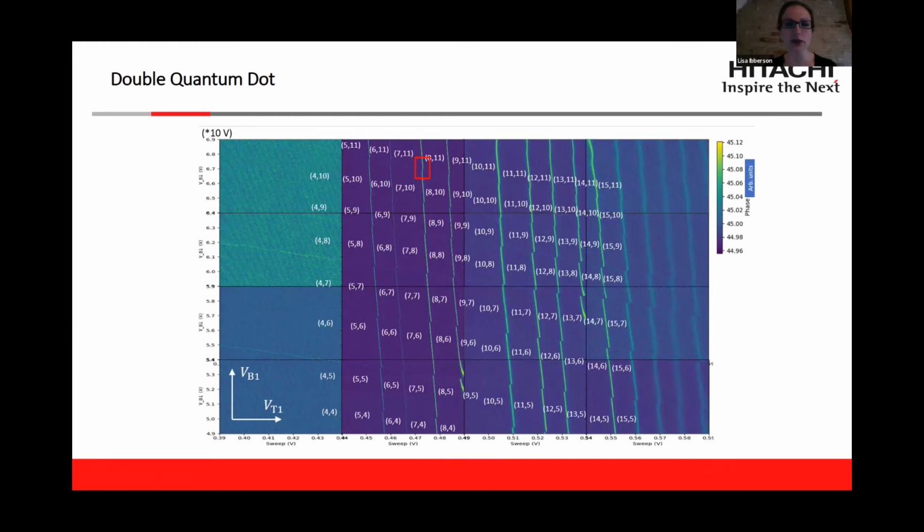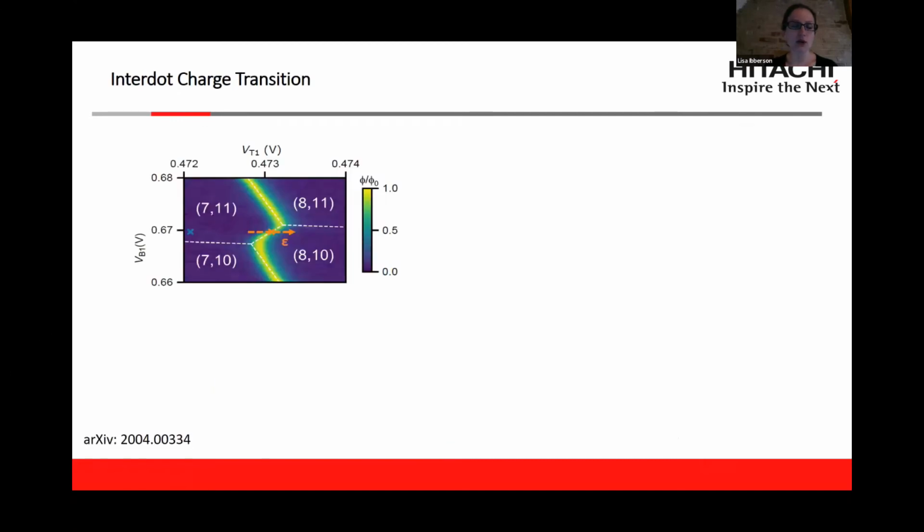And we look at a particular region of this diagram in more detail, which is indicated by this red square here. So looking now at this small region, we can see that we're looking at the transition between having 7 electrons on the left-hand dot and 11 electrons on the right-hand dot, and 8 electrons on the left-hand dot and 10 electrons on the right-hand dot.